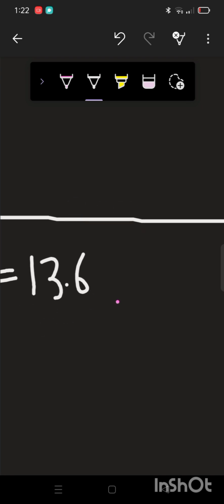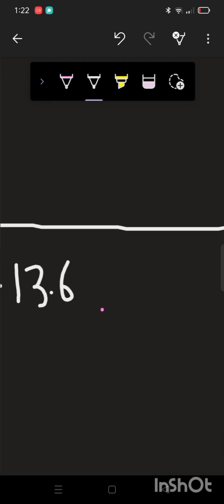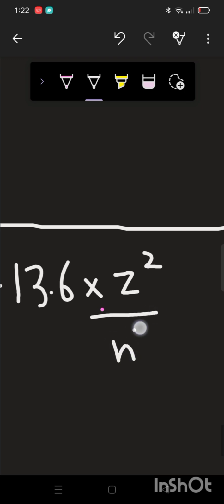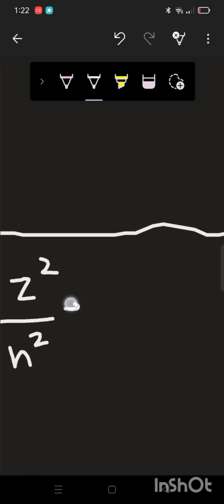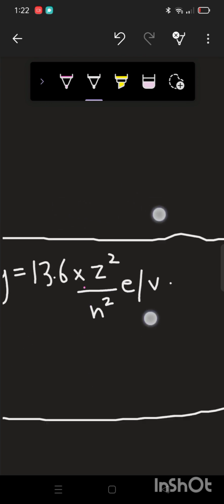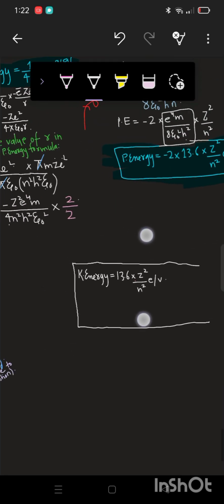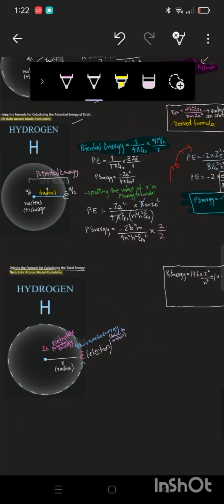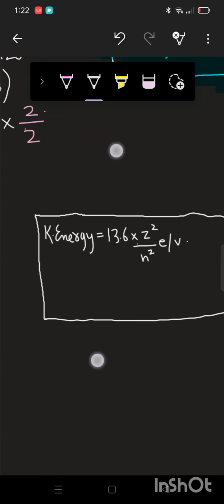In kilojoule per mole, that would be 1313.135 into Z square upon N square, where Z represents the atomic number and N represents the shell number.